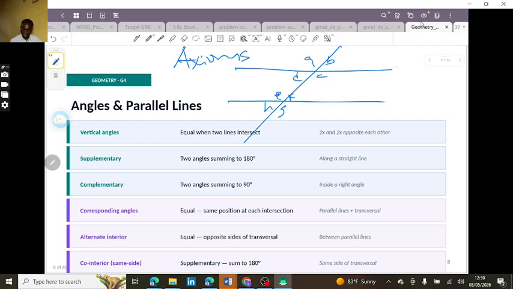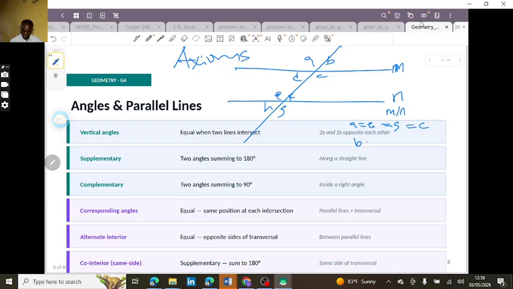But when we now say that line M and line N are parallel, that is M is parallel to N, then we start having other relationships, like A equals E, because they correspond, and E equals G, because they are opposites, and G equals C, because they correspond.